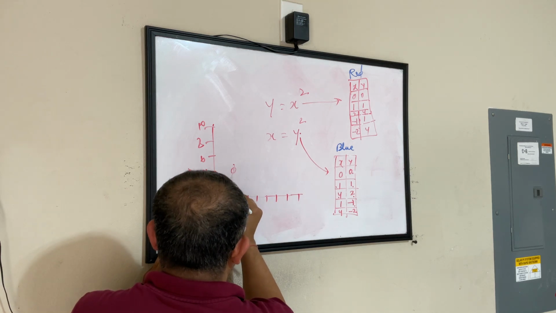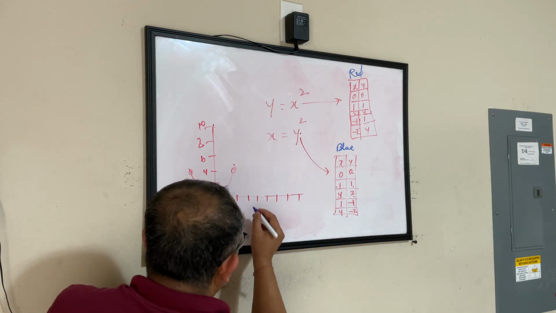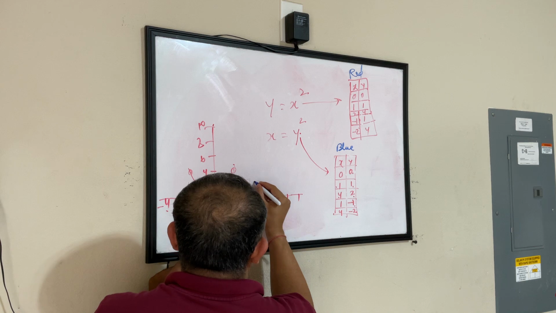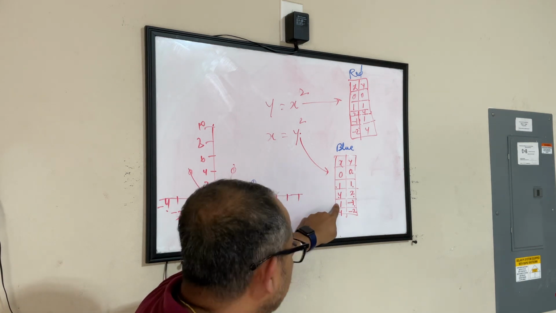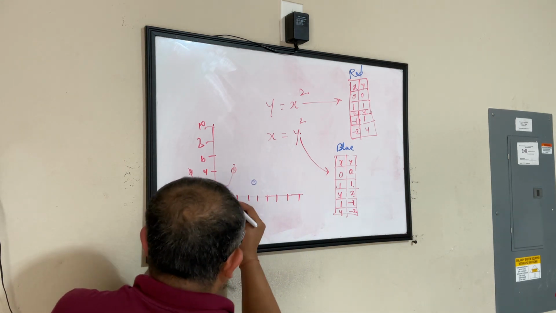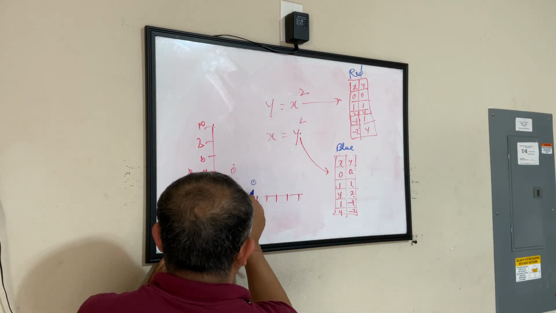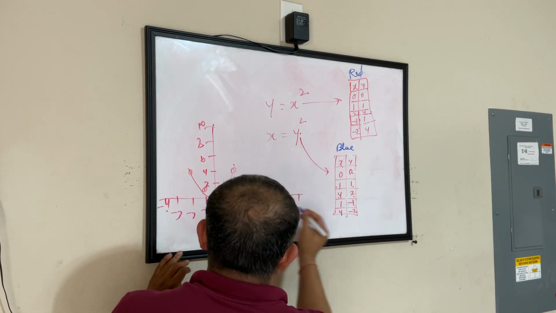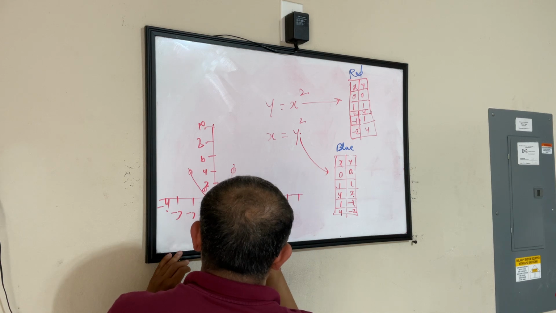Okay, this point is also common, seems like. x is 4, 1, 2, 3, 4. y is 2, here. When x is 1, y is minus 1. It will be somewhere here, maybe. When x equals 4, y is minus 2 here.